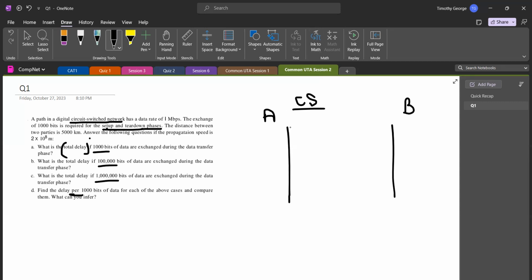All you have is a setup. So you have data that goes from one node to the next. Let's put this as S, that's setup. Setup goes from one to the other.